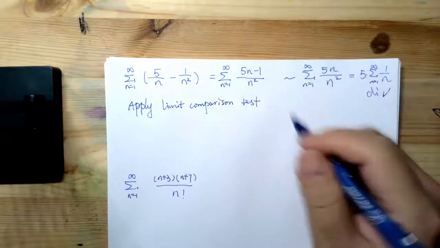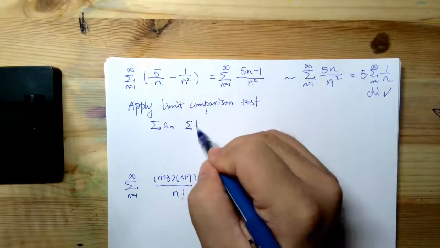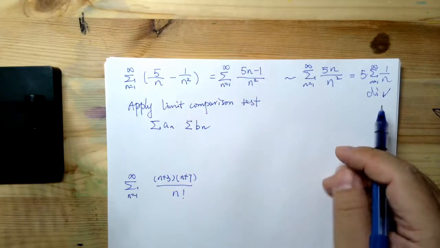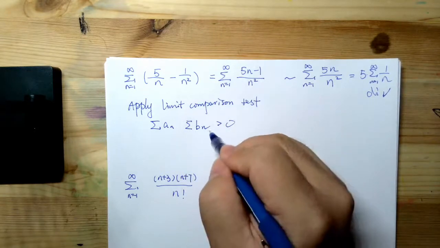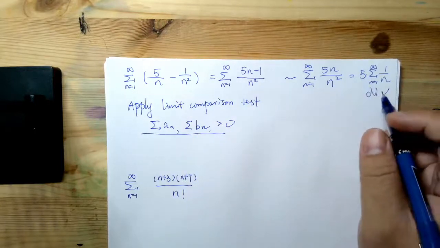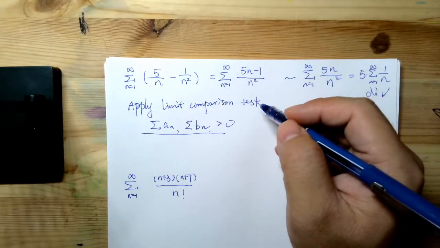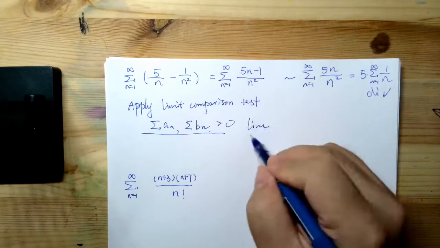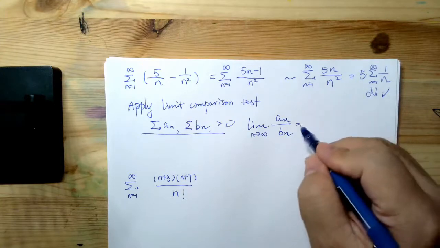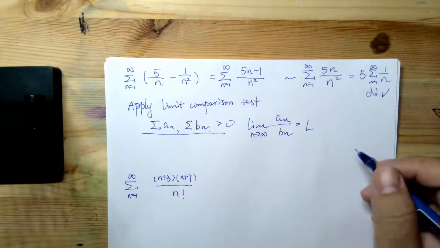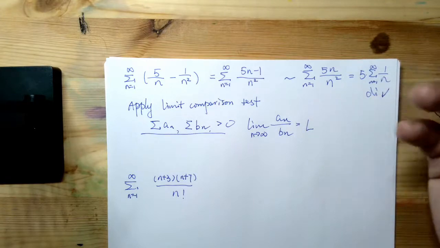The limit comparison test says this: we have two series, and both series are positive. That's the only limitation for the limit comparison test. It says that if this limit exists, let's say it equals capital L, then the series A and B both converge or both diverge.